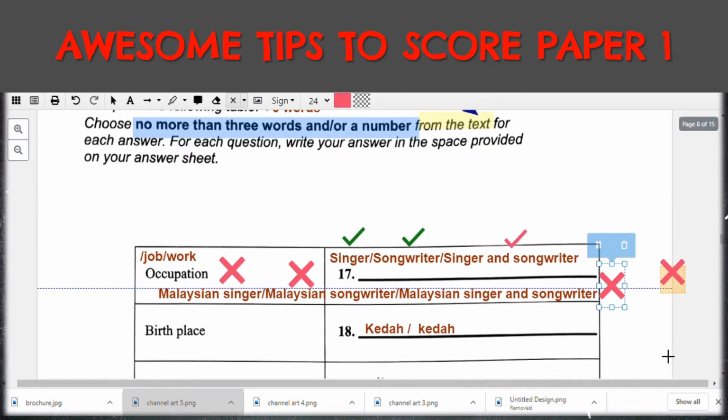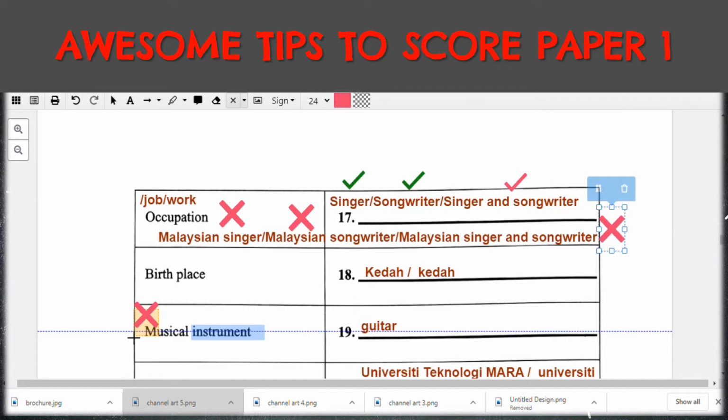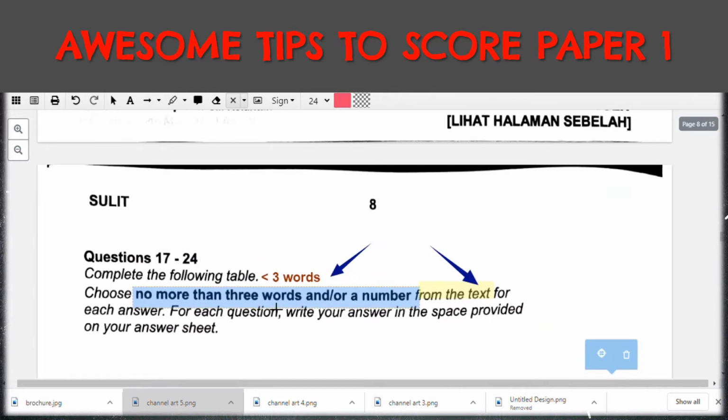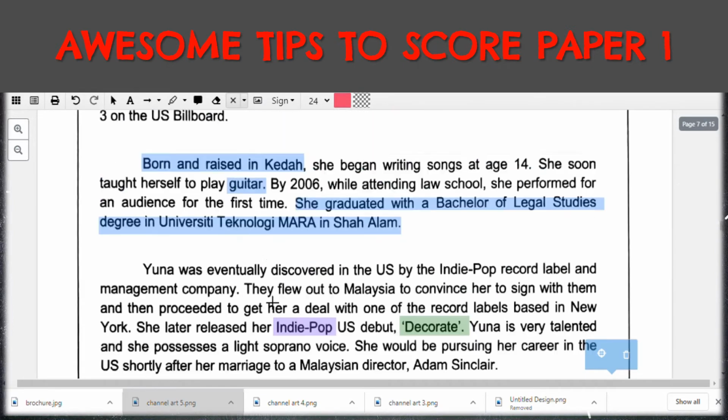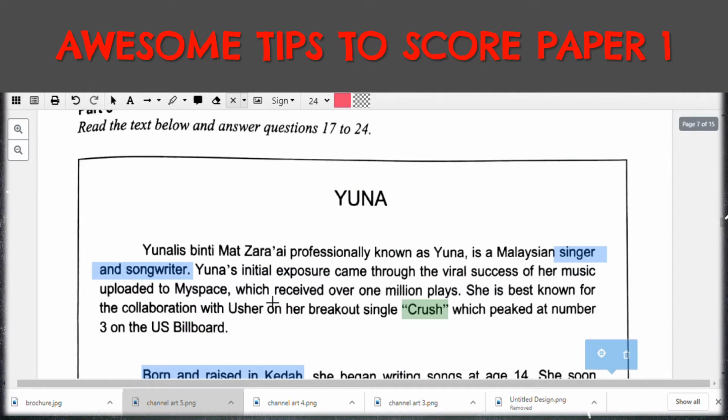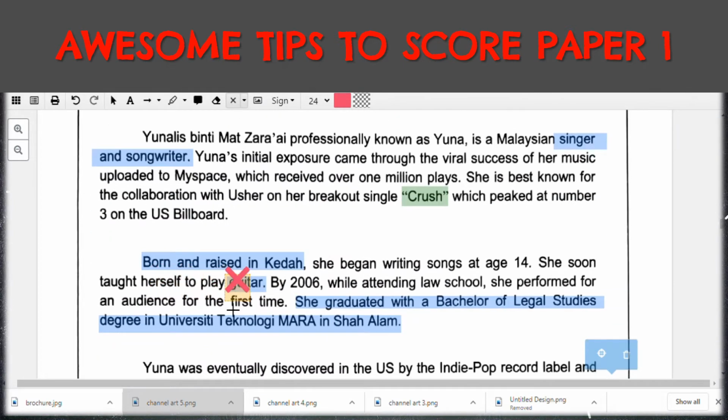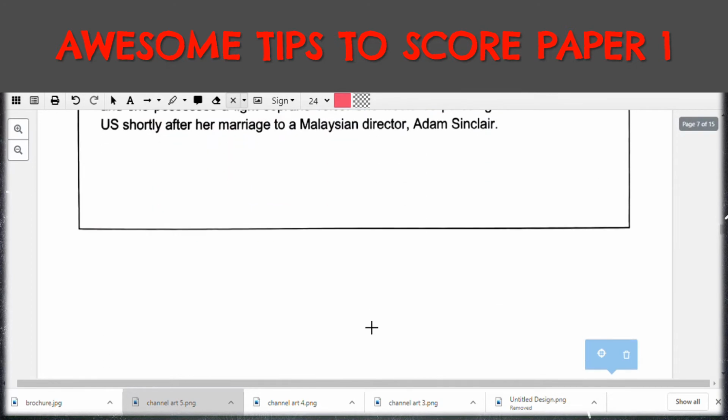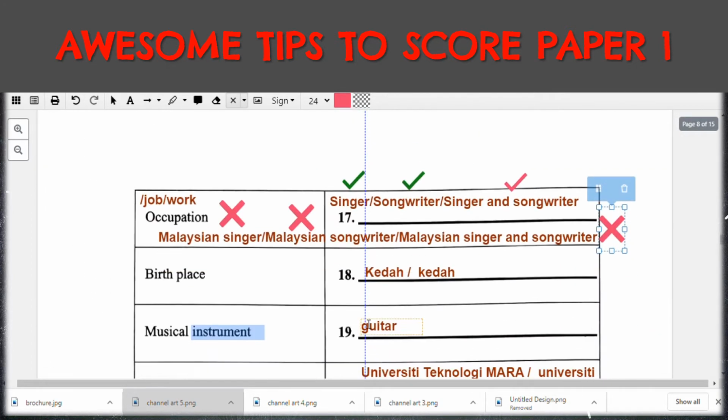Now, let's move on to question 18. Birthplace. Now, look at her birthplace. Born and raised in Kedah. Look at the word Kedah. Kedah is a proper noun. It starts with a big K. So, can you write a small k? No, it's a proper noun.